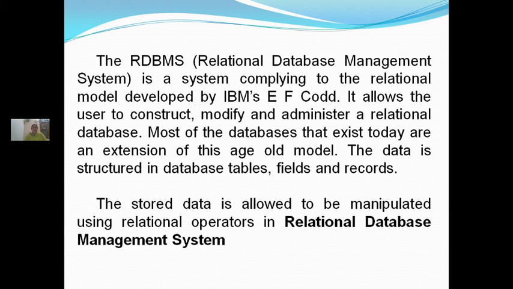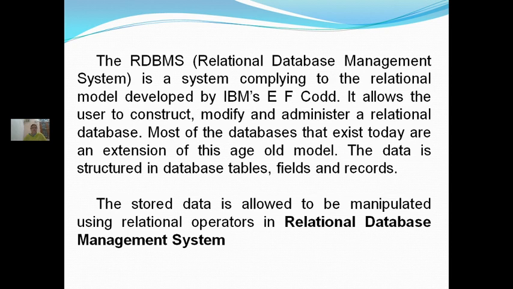Okay. Actually, what is data? It is a collection of information. What is a database? A database is a collection of interrelated data. What is a database management system? It is a collection of interrelated data and a set of programs that insert, delete, and update the data in the database. What is a relational database management system?